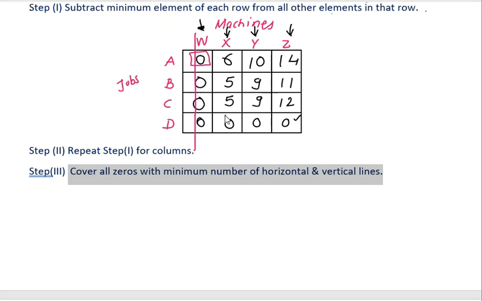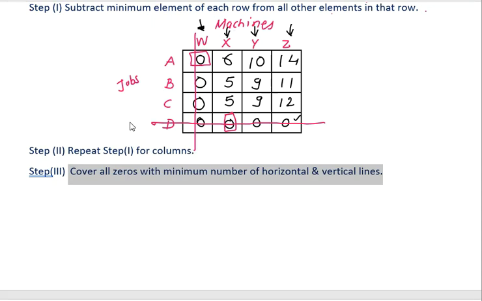In the second column, there is a single zero, so we will make an assignment here and we draw a horizontal line. So all zeros are covered with these two lines. So we have drawn the minimum number of lines.